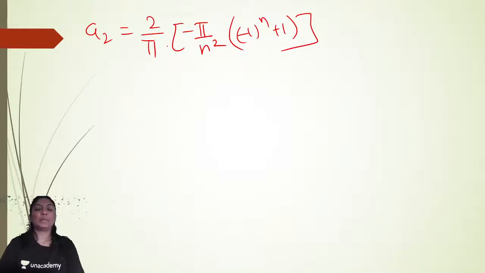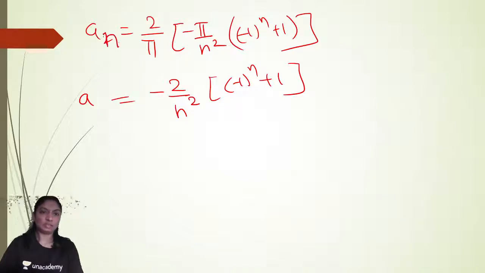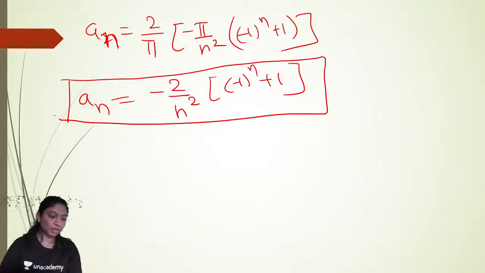Right? So here pi and pi cancel out. So minus 2 upon n square into bracket minus 1 raised to n plus 1. This is your value of an. I hope it is clear to you how to calculate.